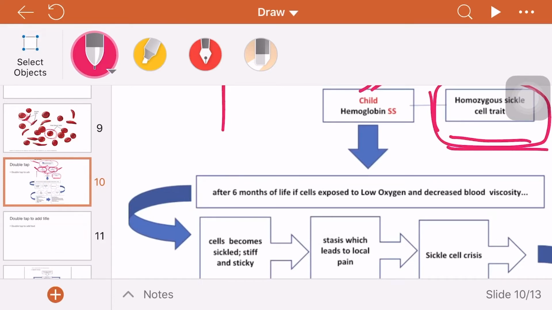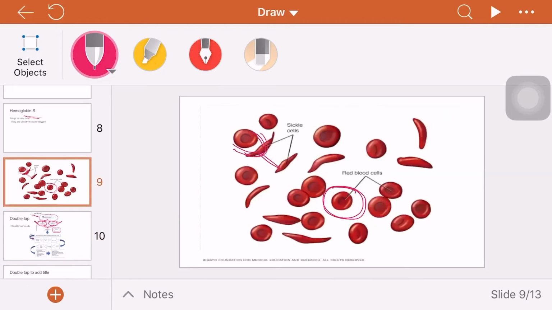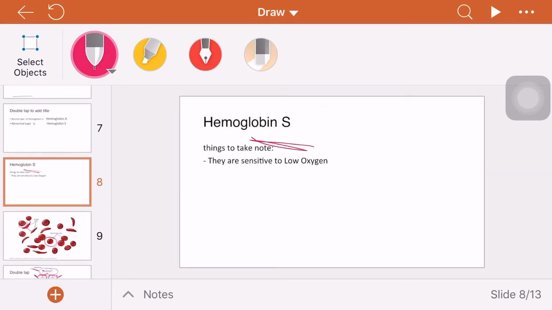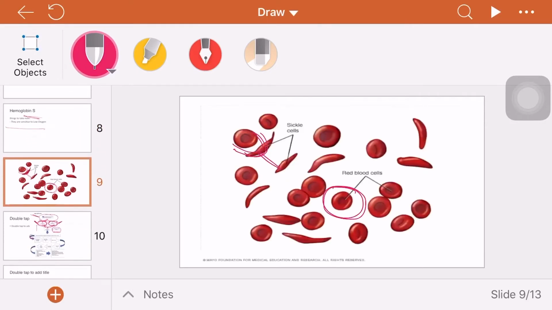So after 6 months of life, if cells are exposed to low oxygen and decreased blood viscosity, the sickling behavior of hemoglobin S manifests. Hemoglobin S is very sensitive to low oxygen. Its behavior is to form the letter C and stick together. So that's what happened.